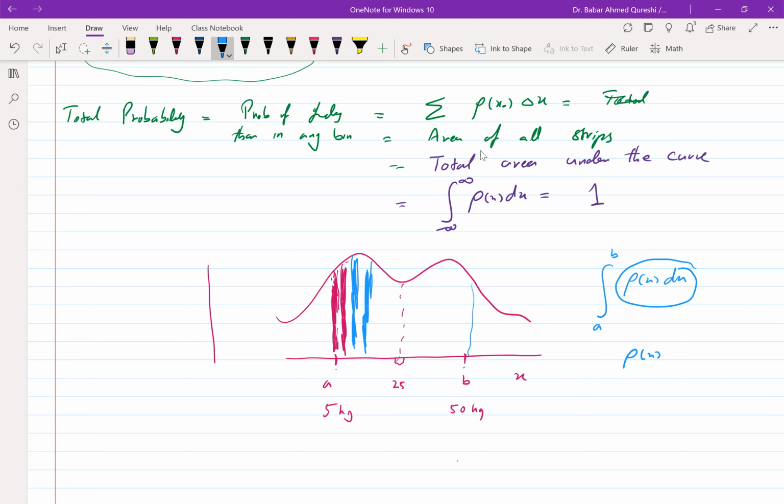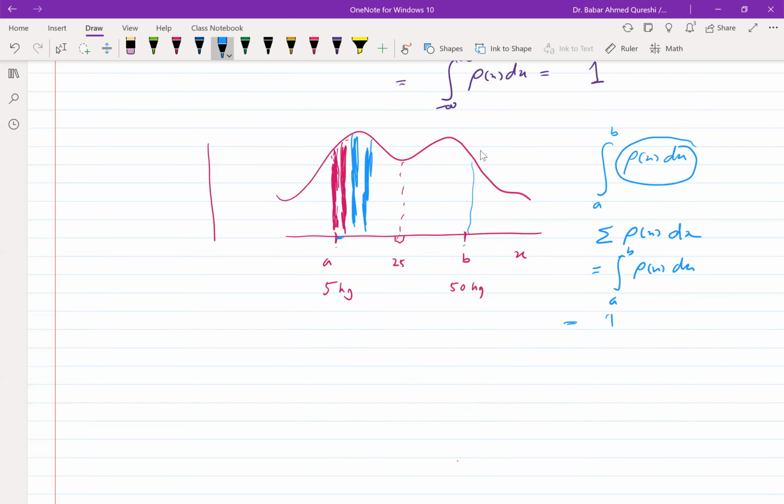So rho x dx is like a small strip here, and then you are summing them. This sum is not to infinity; now you have limits where you start and where you end. This is equal to the probability of finding x between range A and B.